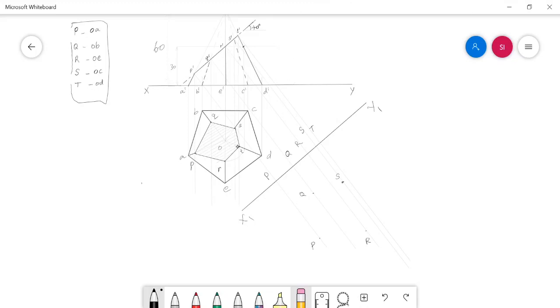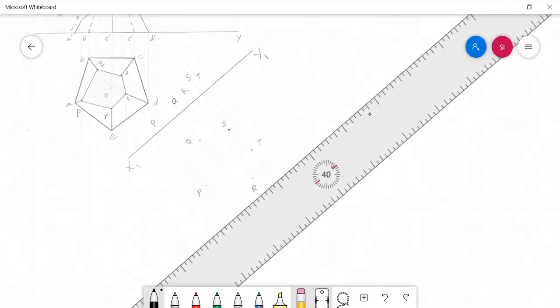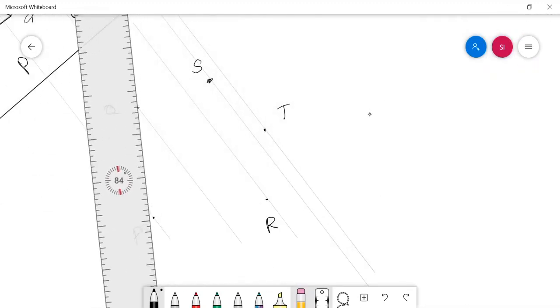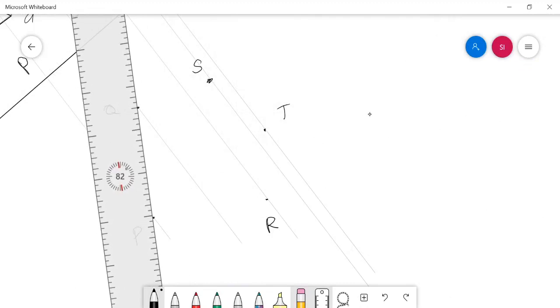And finally, for the point T, measure the distance between the point T and xy, and mark it in the projector of T from x1 y1. This is T. Now connect all the cut points with straight lines with the HB pencil.